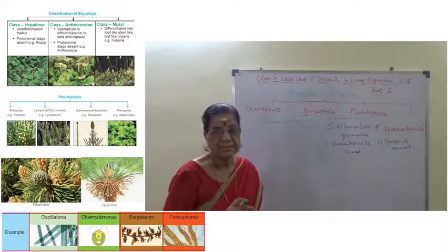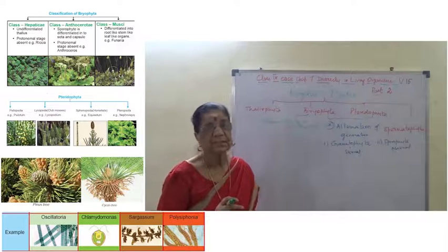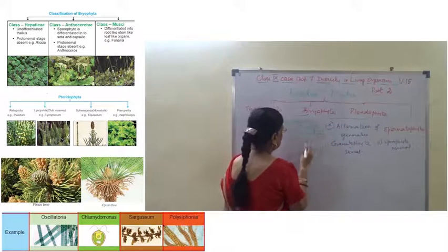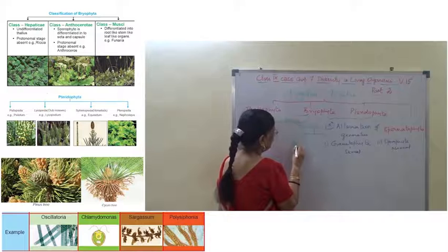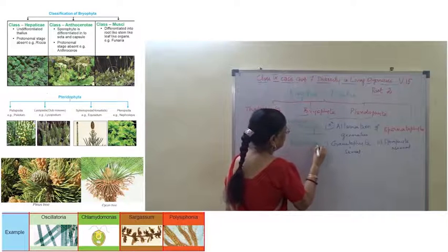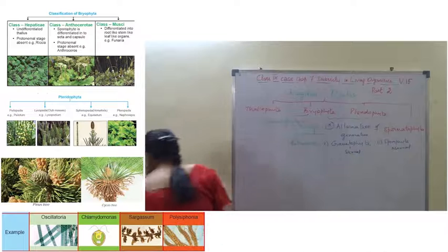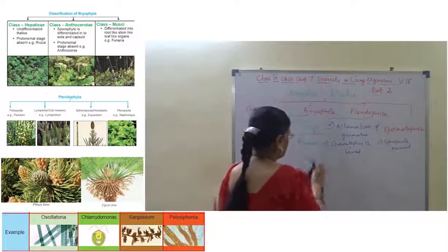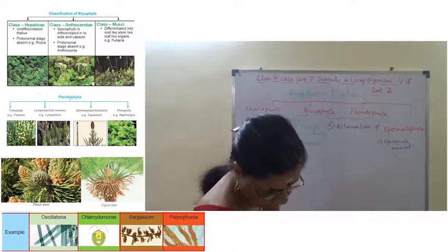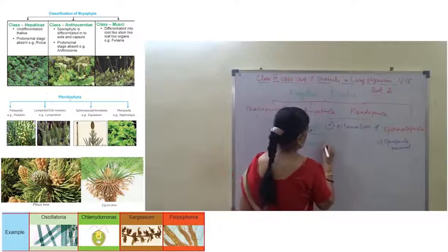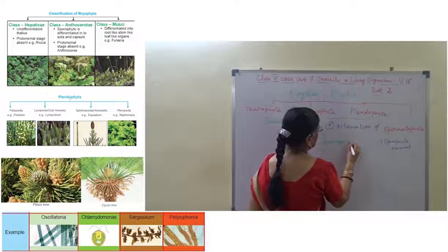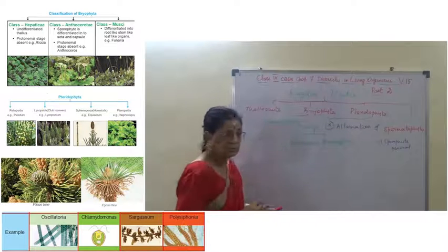The thallus is dorsiventral in nature, and that thallus further produces the male sex organ antheridium and the female sex organ archegonium.